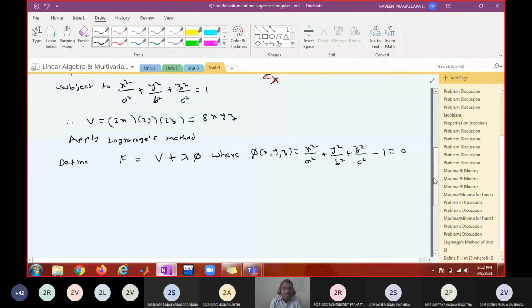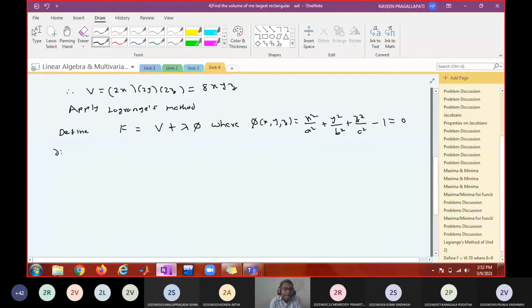So dou F by dou x equal to 0, dou F by dou y equal to 0, dou F by dou z equal to 0.